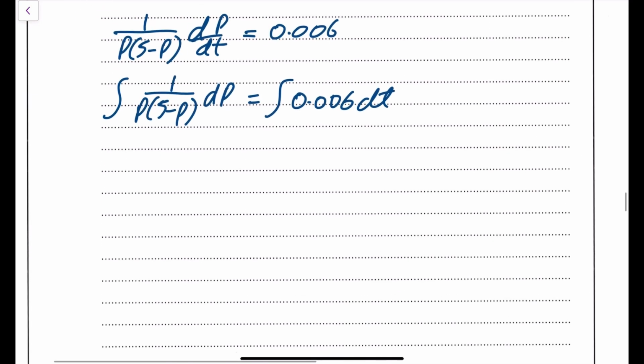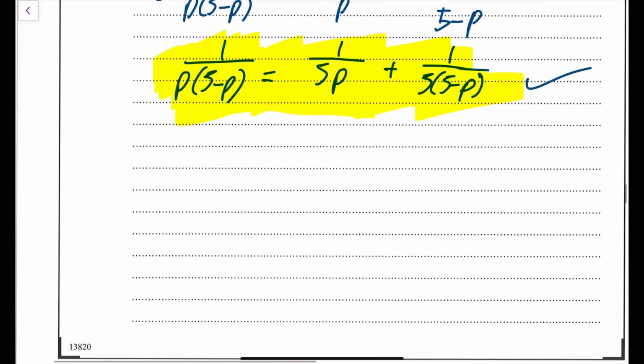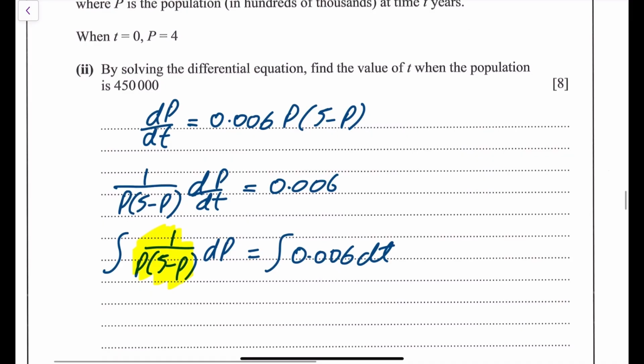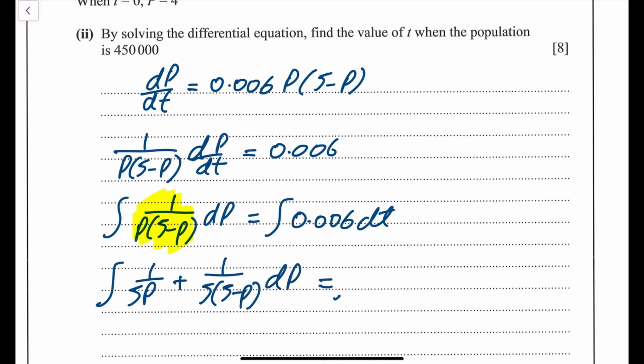Now this left-hand side, let's just look at this bit. This should hopefully be familiar to you. This is what we had over here. So we can write that as the integral of 1 over 5P plus 1 over 5 upon 5 minus P dP is equal to the integral of 0.006 dt.